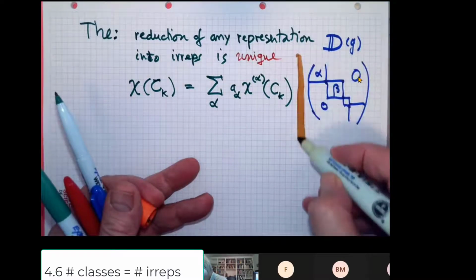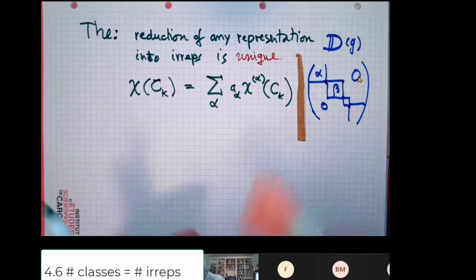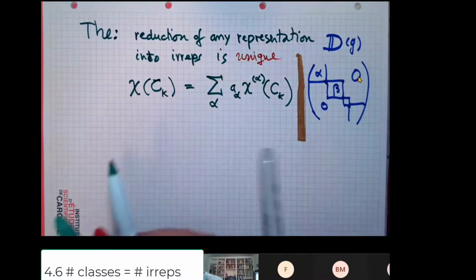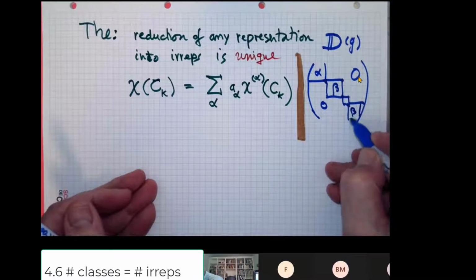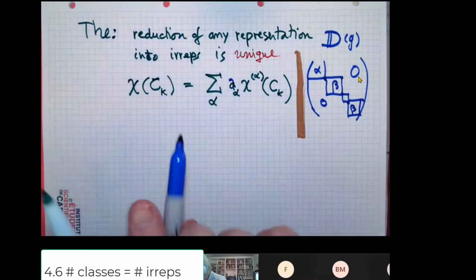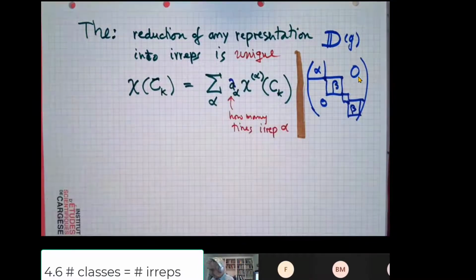So we have written it in terms of irreducible representations. And now it could be that beta happens several times. These integers count how many times each happens in this block diagonalization. We do this in the usual way.